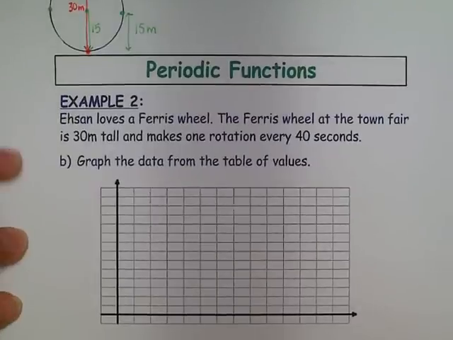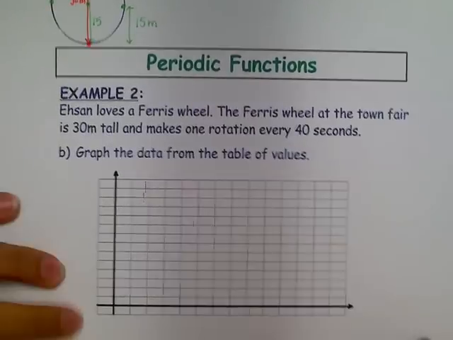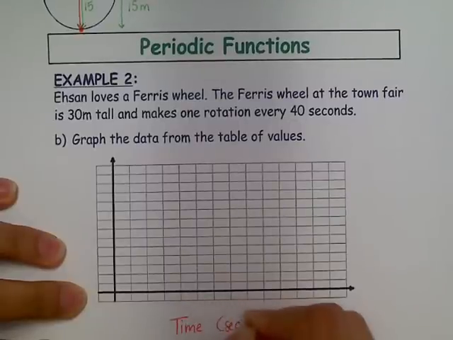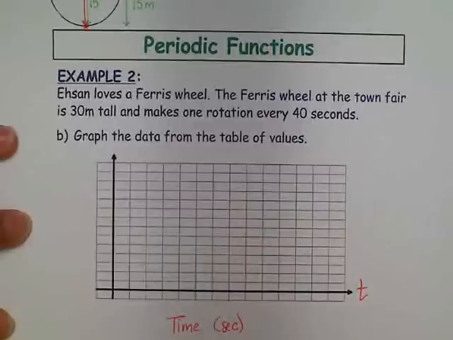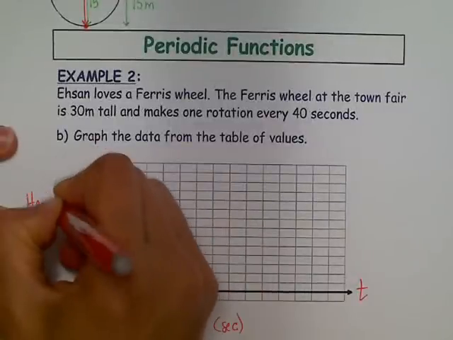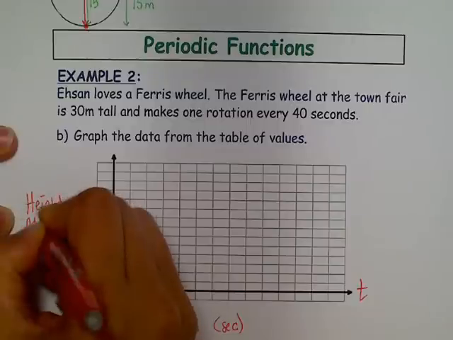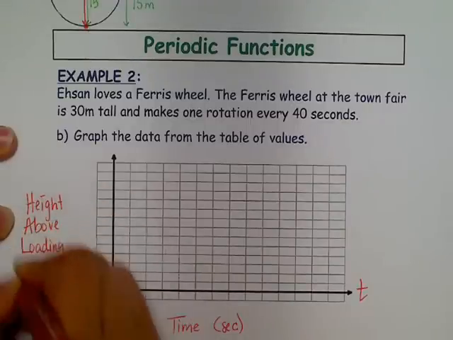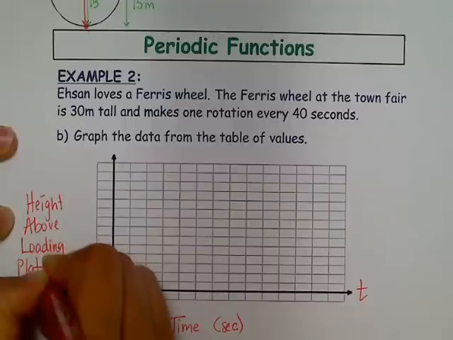In part B, it asks us to graph the data from the table of values. So I'm going to have time in seconds along the bottom. And I'll label the axis here T. And I'll have height above the loading platform in meters along the vertical axis.